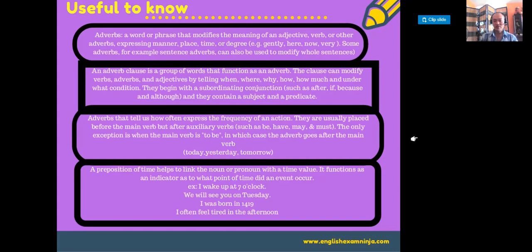They also have may and must. So the only exception is when the main verb is to be, in which case the adverb goes after the main verb. Like today, tomorrow, or yesterday. So how often?